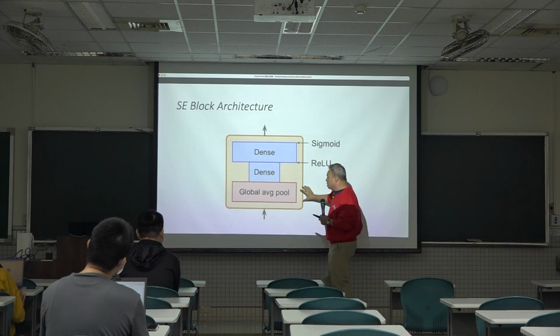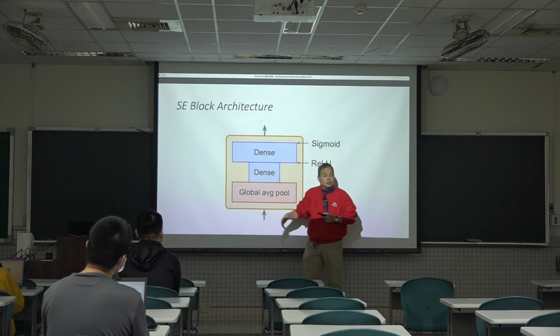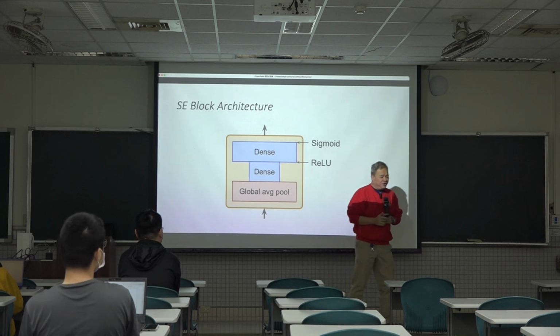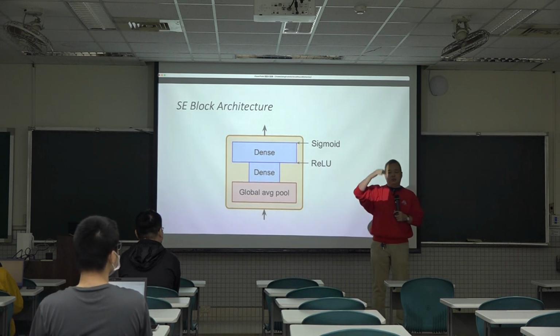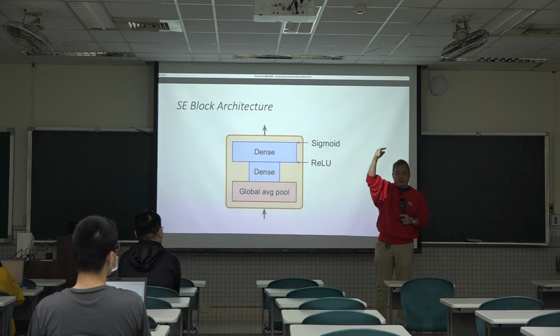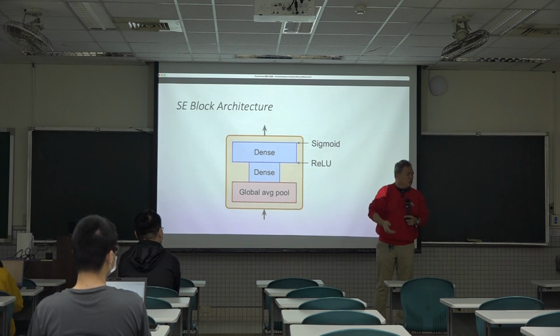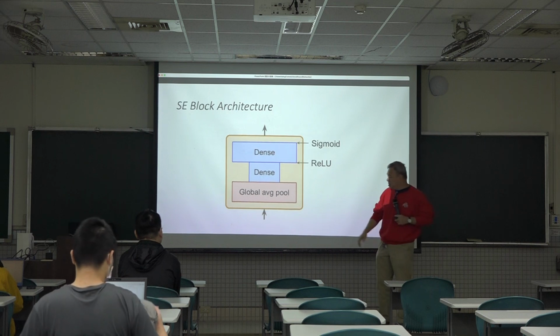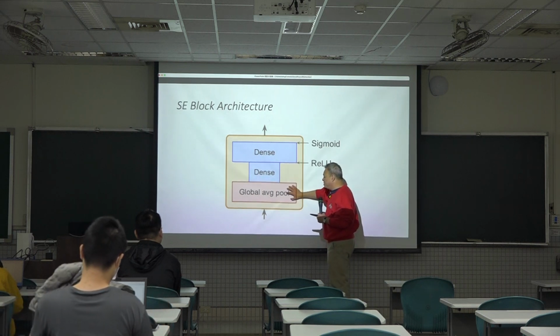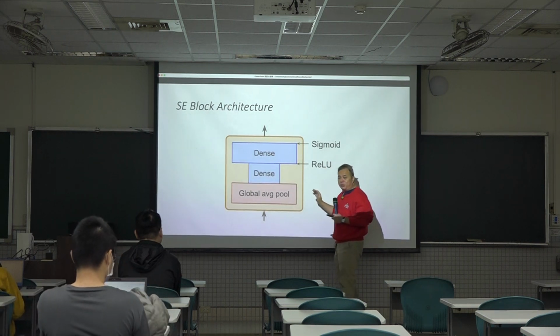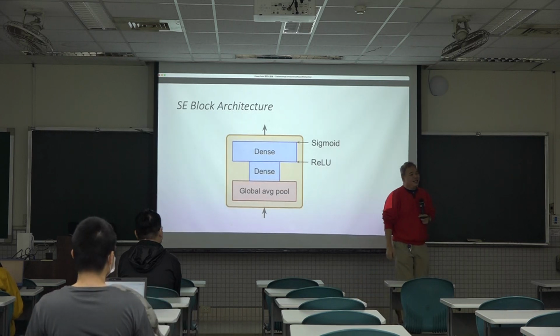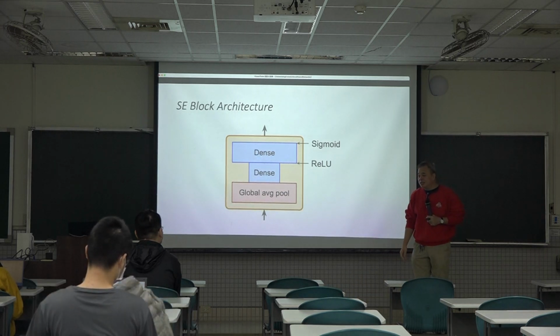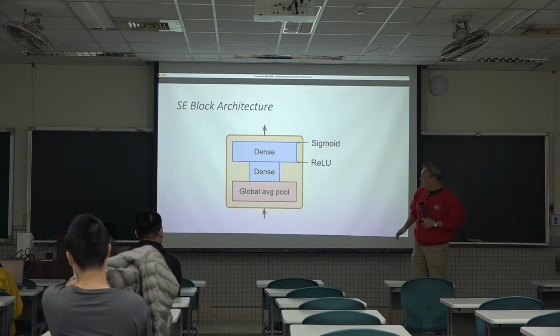You see, the global average pooling, as I said, is going to convert each feature map into one number. Say if you have 128 feature maps, after this global average pooling layer, you are going to end up with 128 numbers.